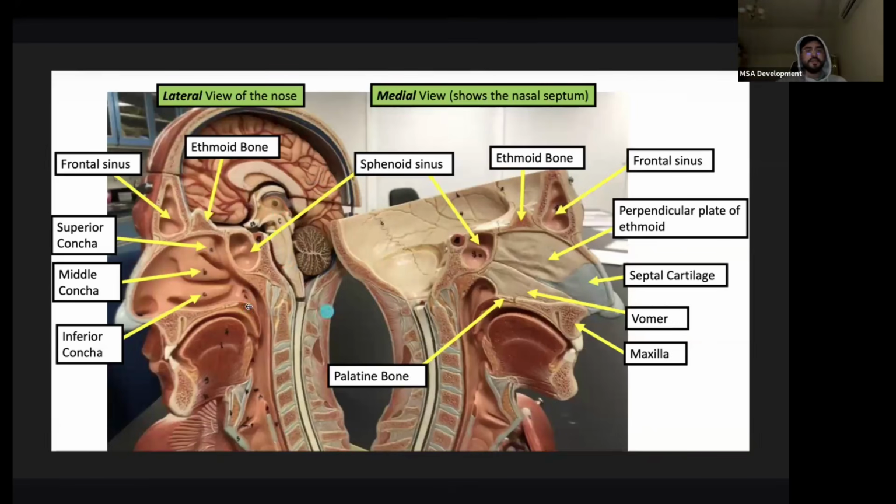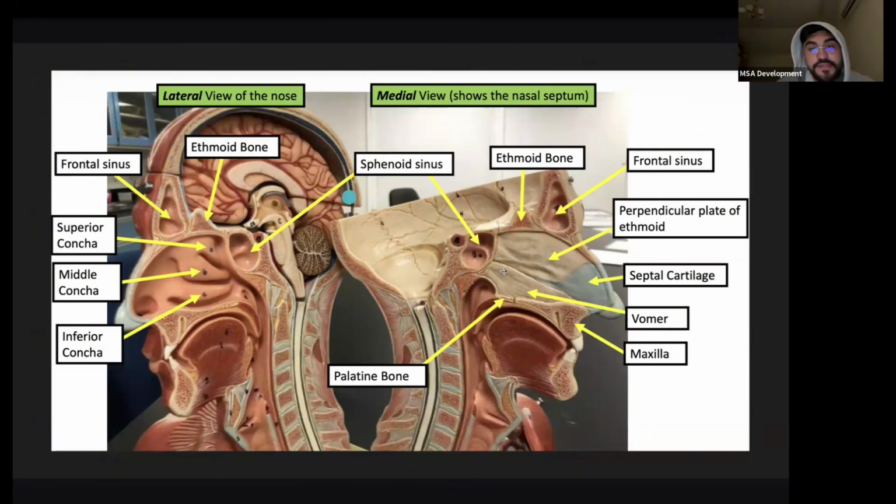So let's take a look. This is very beautiful, this model, which is present in the lab. Look at this. This is your superior concha, this is your middle concha, this is your inferior concha, and these are the meatuses right below them. This is your sphenoidal sinus within the sphenoid bone. This is your ethmoid bone. This is your forehead, and this is your frontal sinus.